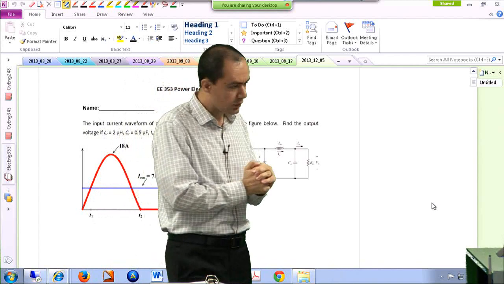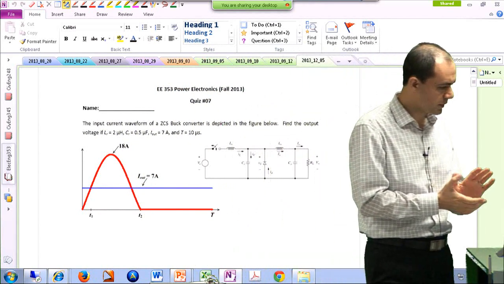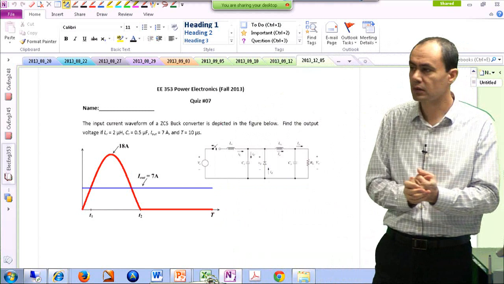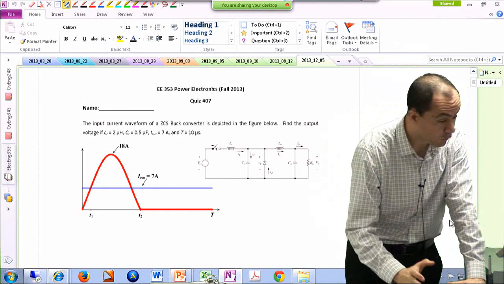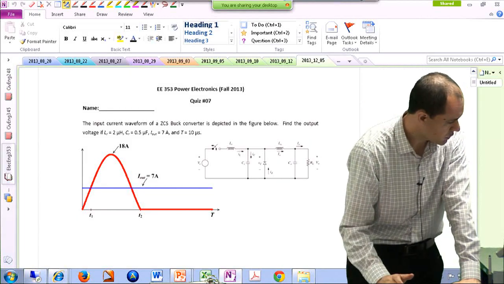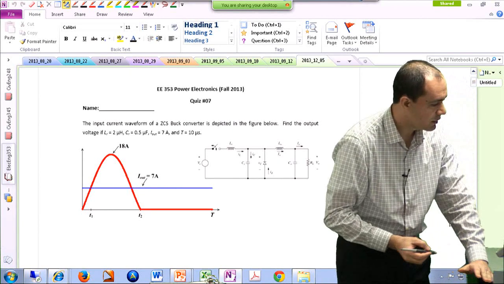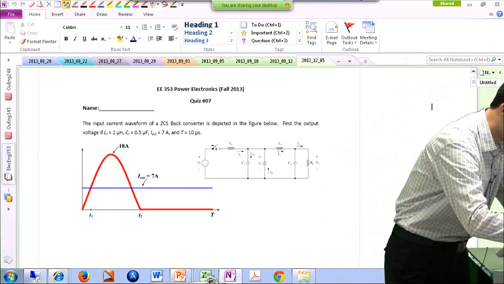Regarding the quiz, we had this topology over here, which is a zero current switching buck converter, and the input current waveform, or the current of the resonating inductor, is provided, and the peak value of this current is 18 amps.